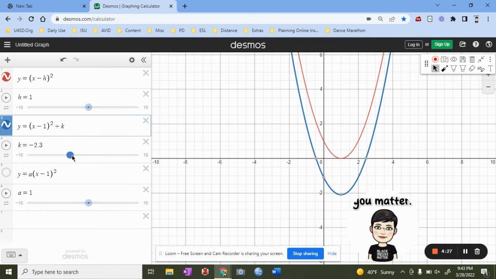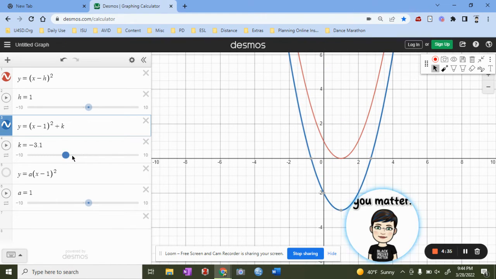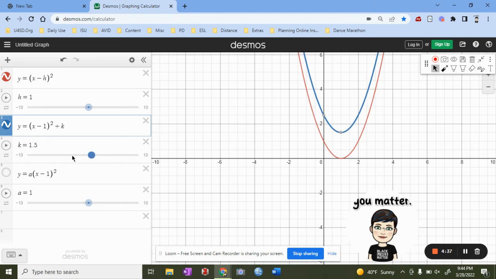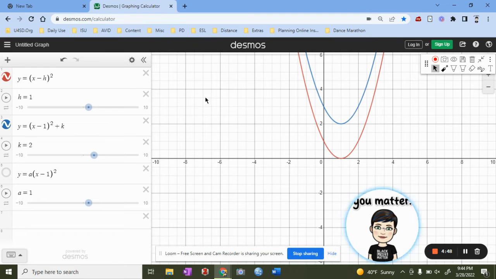But as I slide that k value, my graph slides vertically, either down or up, depending on what my k value is. For positive values of k, as we increase, that graph will slide up. As we decrease, that graph will slide down.